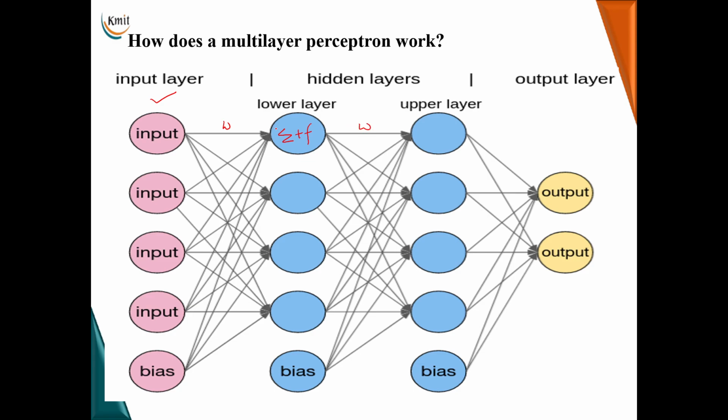Here I have, for example, this is WA and this is WB. Then whatever output is generated here will be multiplied by WB and is applied to the second hidden layer. Similarly, it performs the same function, weighted sum, and applies the activation function and generates the outputs here. So the activation function is used in the hidden layers to identify the active nodes.